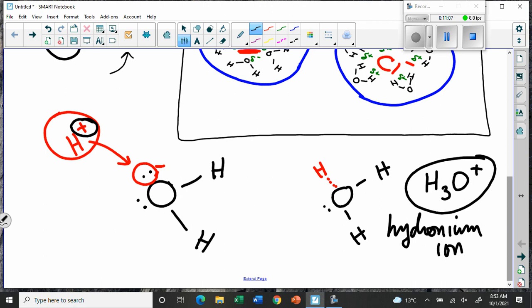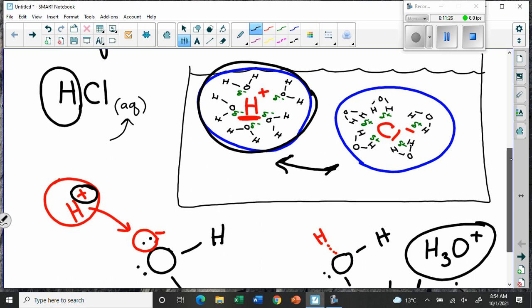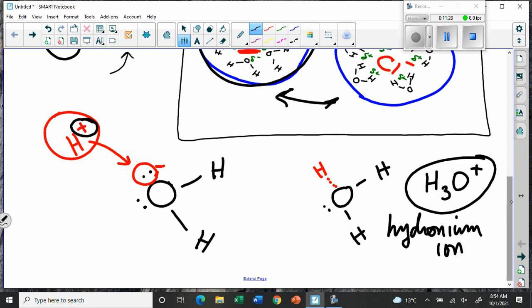And so any molecule that has hydrogens that are able to be released by the water, able to be pulled apart like this, see up here, they're pulled apart by the water, and we get this situation. Any molecule that can do this will produce these H pluses, right? Which will then join up with the waters to make hydronium ions, and they are acids. Anything that can do this is called an acid.